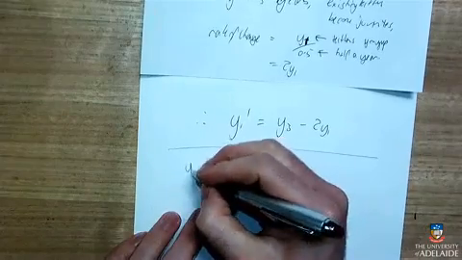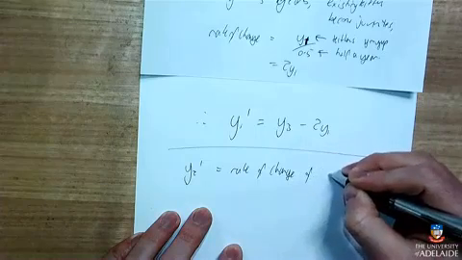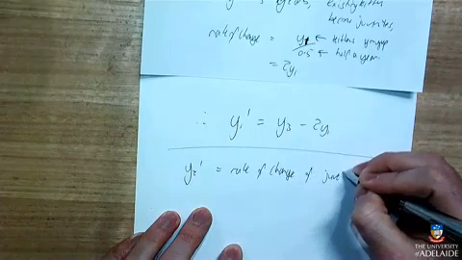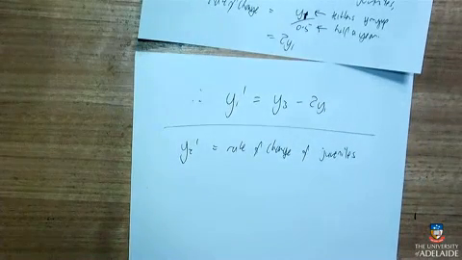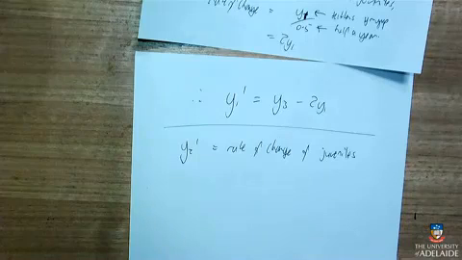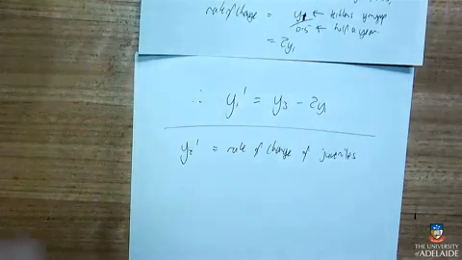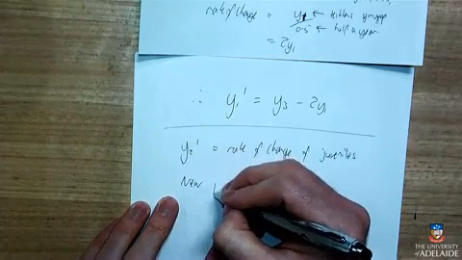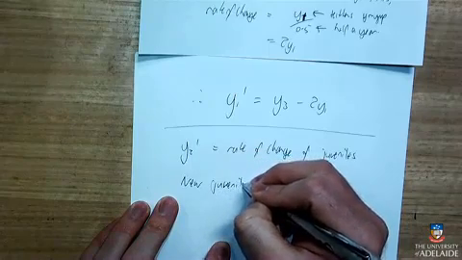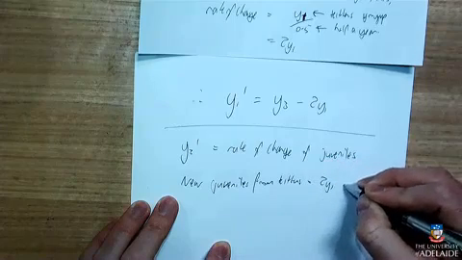Okay, so y2 dashed is the rate of juveniles. Juveniles don't get born, they just become juveniles from being kittens. And so this 2y1 that we had is the inward, how many new juveniles are created. So, kittens 2y1 per year.